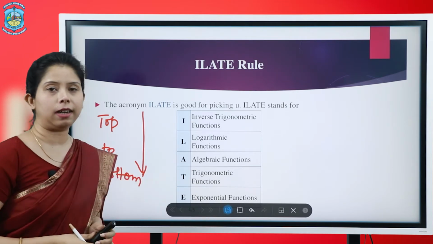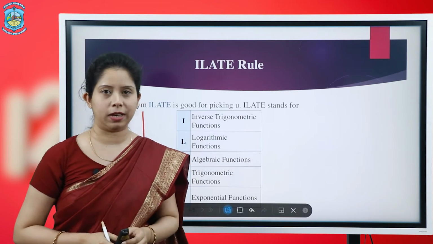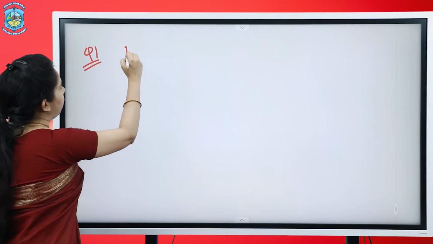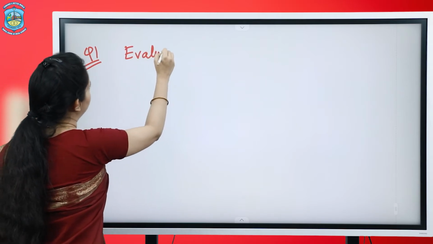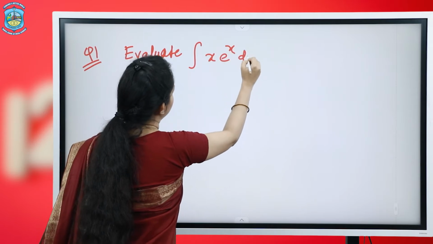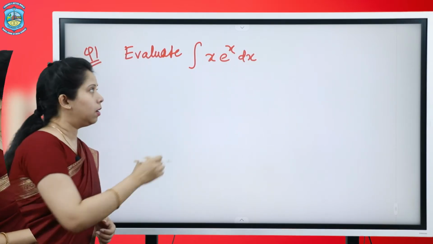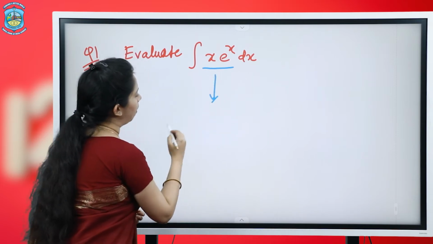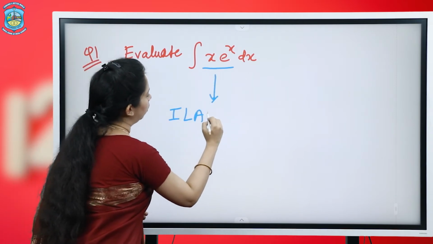Now let's understand this concept with the help of a few examples. The first question is: evaluate the integral of x e raised to the power x dx. Here we have a product of two functions, so we will have to use the ILATE rule.